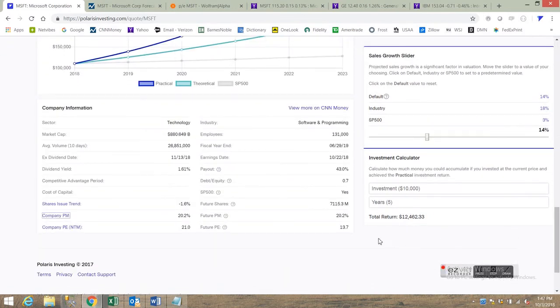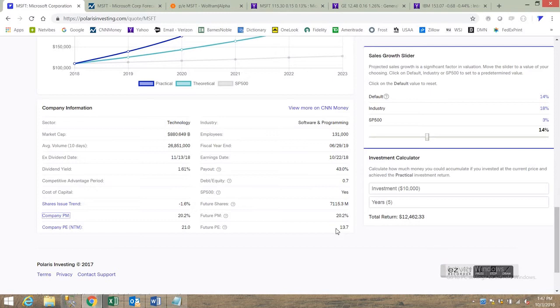Now when we think through the future PE, we have to think through the mean reversion of its cost of capital. That's more of a categorization exercise instead of a calculation. It's been 8.5%, which is a little bit above the average for the S&P 500.